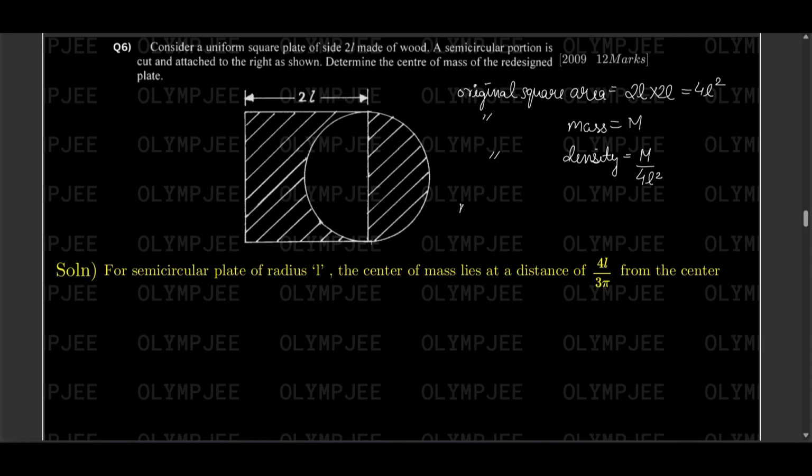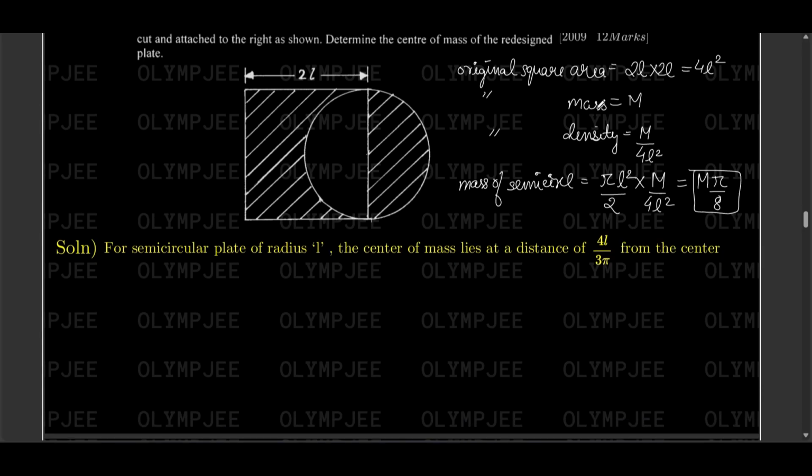So the mass of semicircle, which has been cut and then put here, would be the area of the semicircle, which is pi into L square by 2 multiplied by the density, so m by 4L square. So this comes out as m multiplied by pi by 8. So if the mass of the square was m, then the mass of this semicircle is m pi by 8.